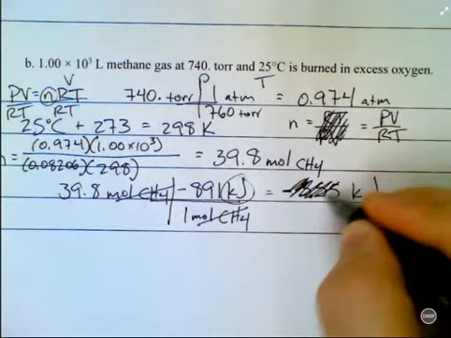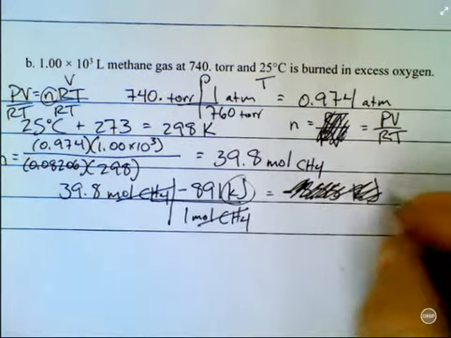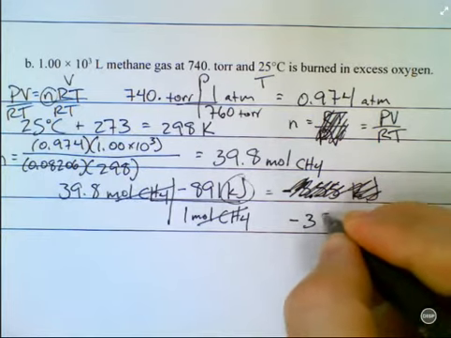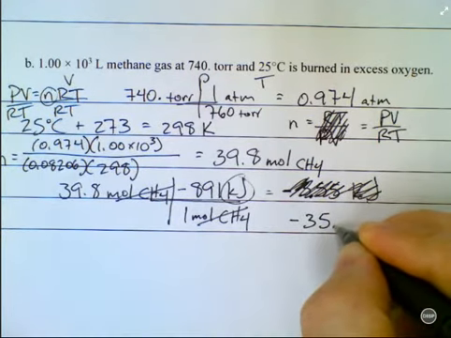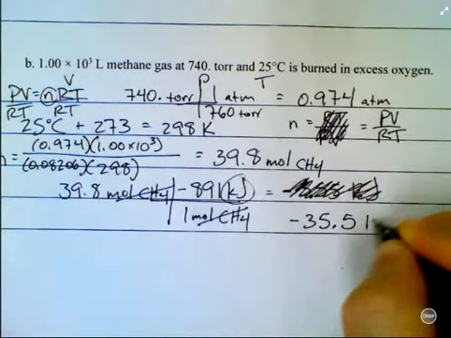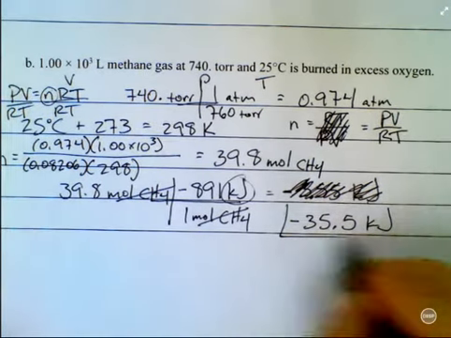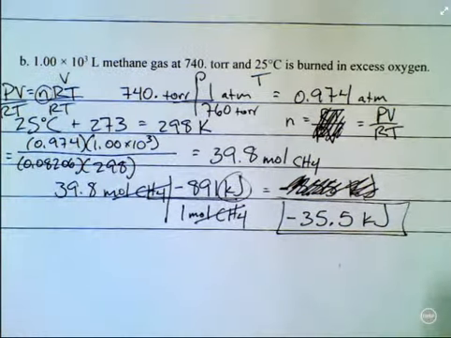That's not right at all. I'm sorry. Negative. That's 35,000 joules, so 35.5 kilojoules. Again, I don't have to say released or absorbed because I've included this negative sign right here.